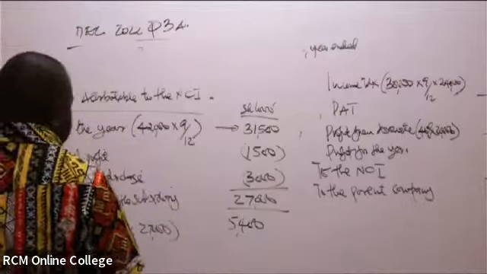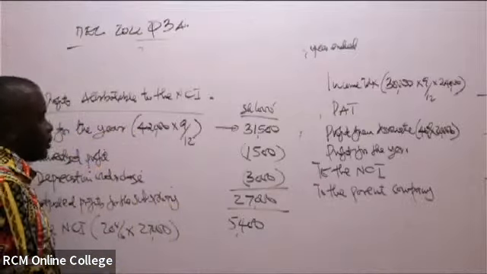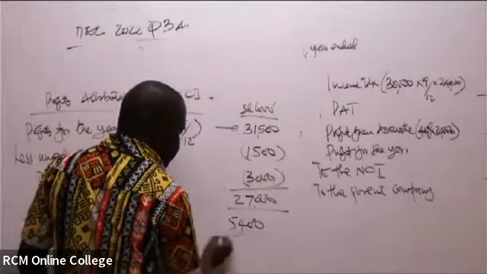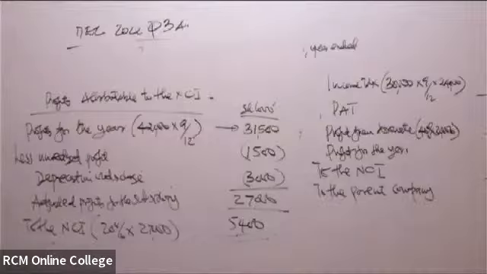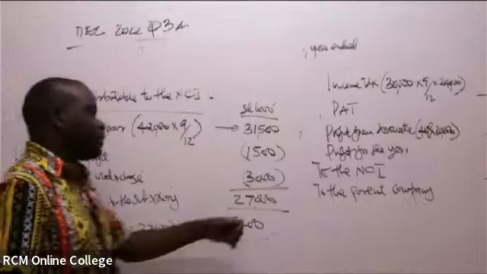So these are the profits that will be attributable to the non-controlling interest out of the profits of 112,700. You need to less 5,400,000 for the non-controlling interest.